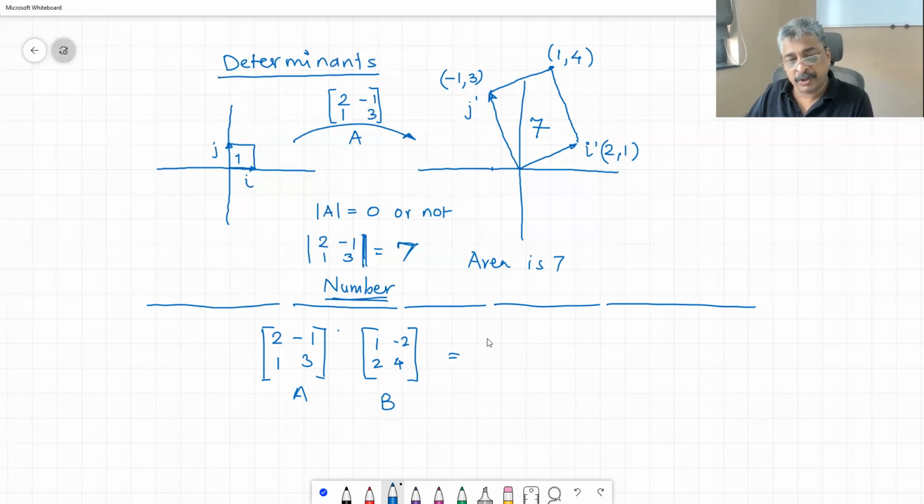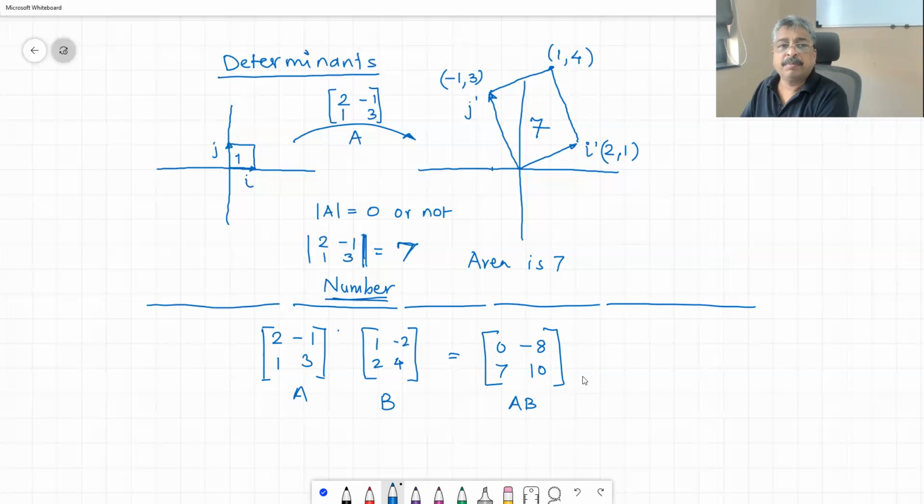Let us find out AB. 2 minus 2 0, minus 4 minus 4 minus 8, 1 6 7, minus 2 12 10. This is our AB.